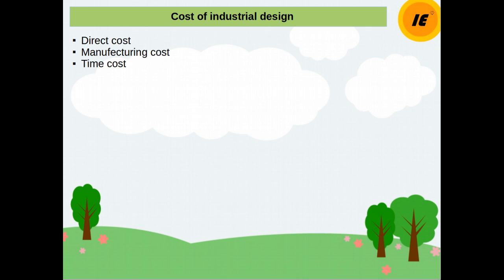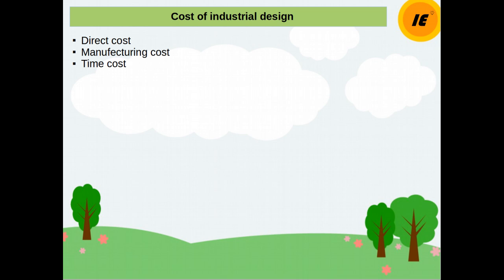Now, direct cost is the cost of industrial design services that you take by hiring some professionals. This quantity is determined by the number and type of designers used, duration of the project, and number of models required, plus material cost and other related expenses.